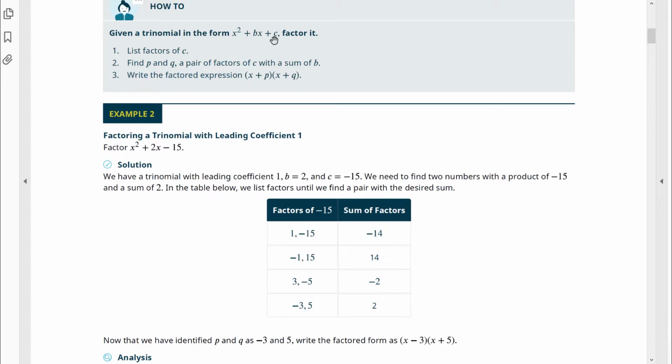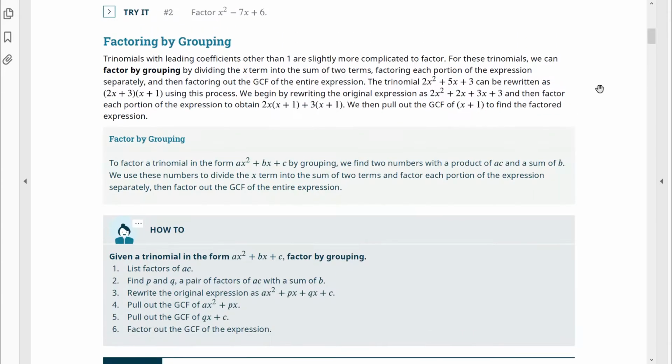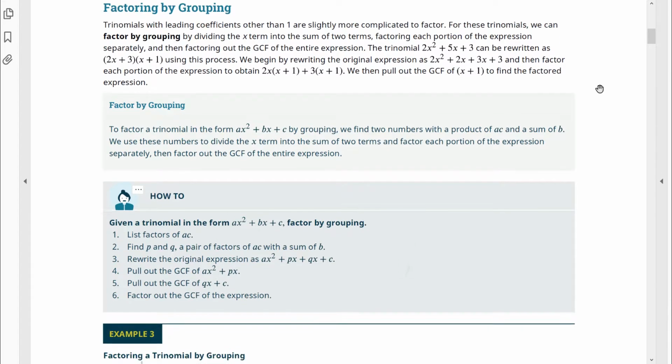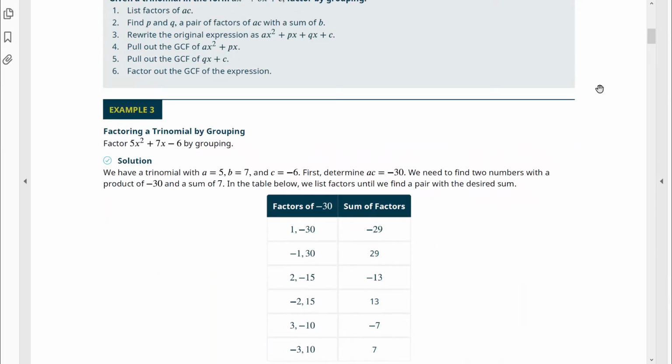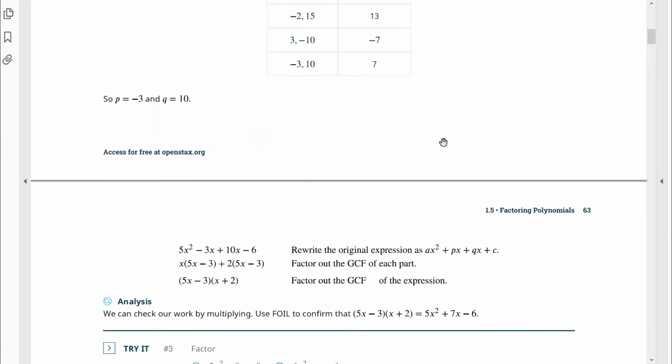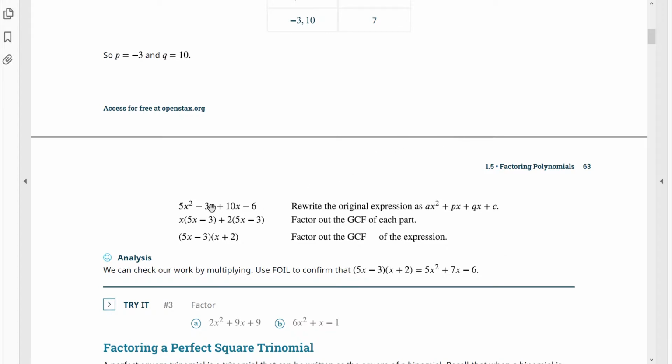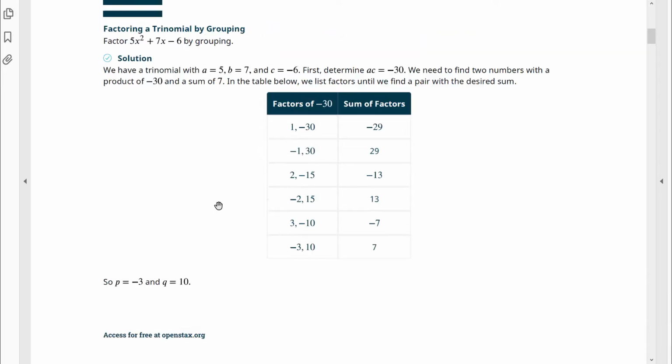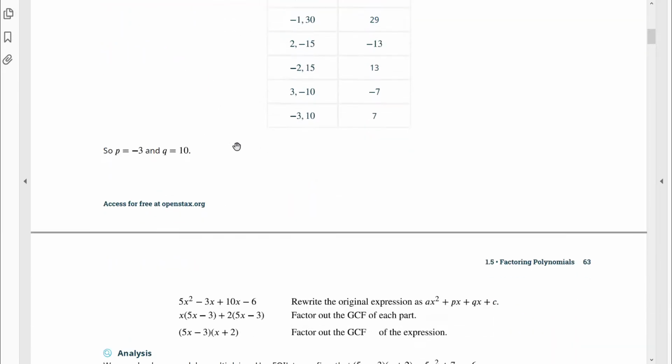They show you how to factor this in several ways. Factoring is writing as a product. See that? They do it by grouping. Anyway, this is a trinomial, and you have to factor it as a product of two binomials. And here is the method. Here is the product of two binomials, which gives you the trinomial that you want to factor.